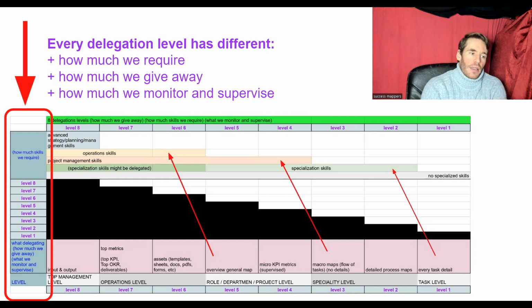In the second part, there are the 8 levels. And then in the third part, there is what we delegate. So we mean what information we give to the person to get the work done. We call it in the framework the job package or delegation package.